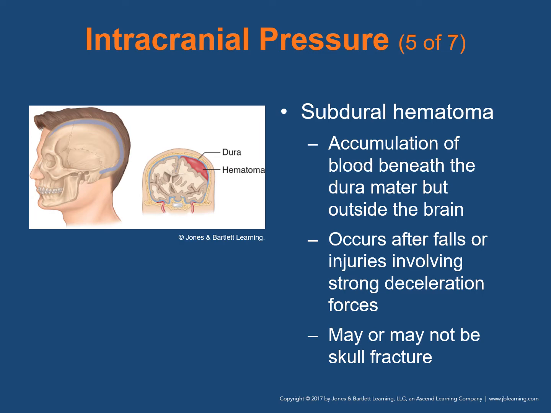A subdural hematoma is associated with venous bleeding, so the signs typically develop more gradually than with an epidural hematoma. The patient often experiences a fluctuating level of consciousness or slurred speech. Any patient with a suspected subdural hematoma needs to be evaluated by a physician right away.